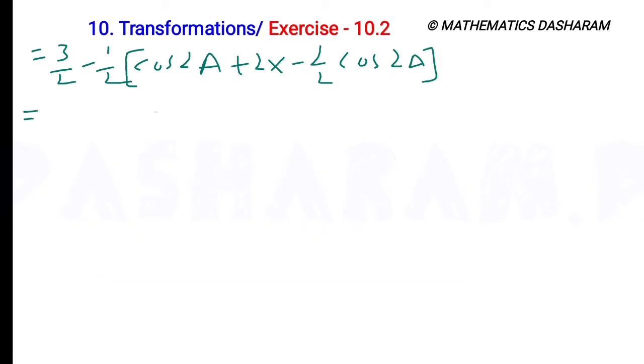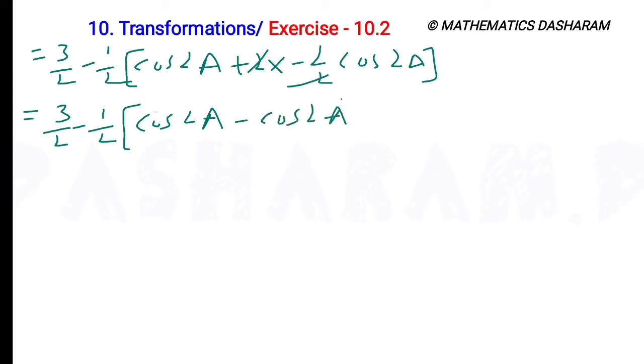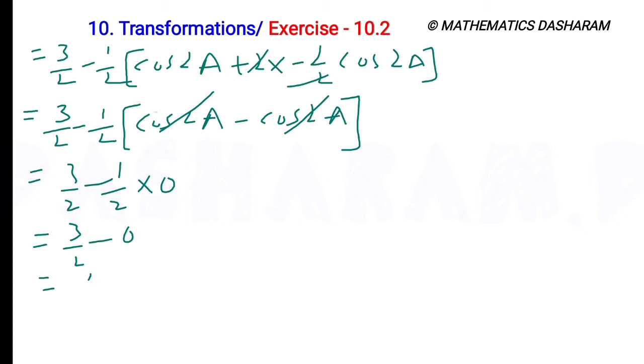Here the 2 cancels, so cos 2A minus cos 2A. So 3/2 minus 1/2 into 0, 3/2 minus 0, 3/2. So it equals the RHS, hence proved.